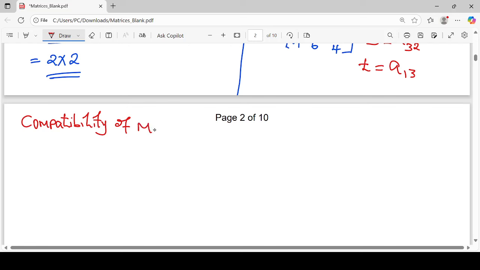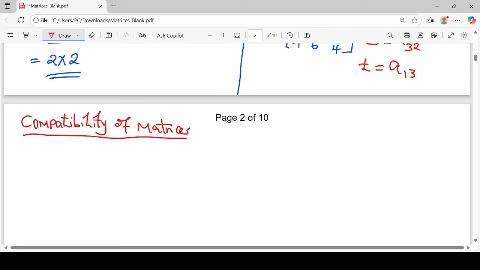I want just to call it first compatibility of matrices. Then we are going now to look at the next operation after that.